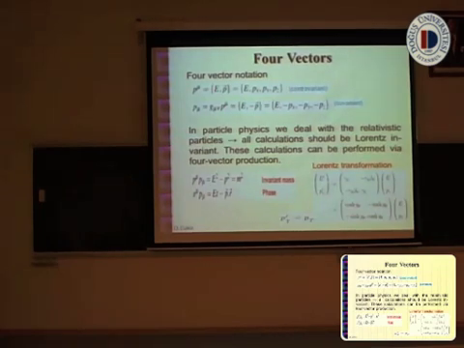In particle physics, we deal with relativistic particles, and we have to use 4-vectors. That's because we need some Lorentz invariants. Then this is an invariant mass, p mu times p mu is equal to mass square, which is valid also for the free particle.